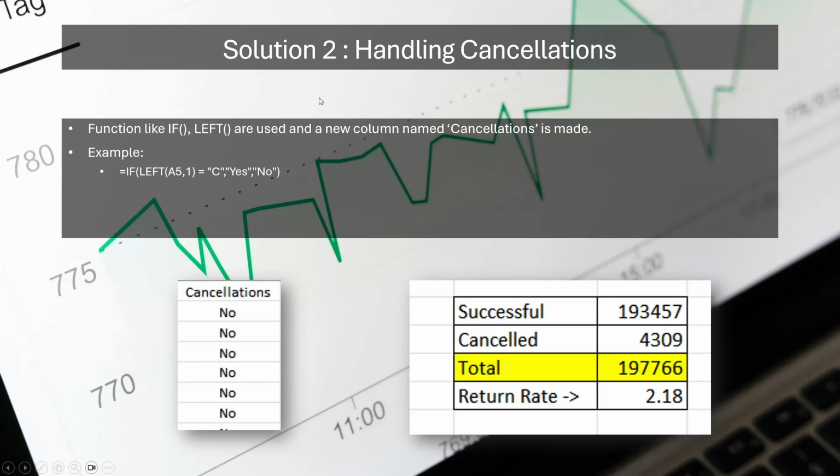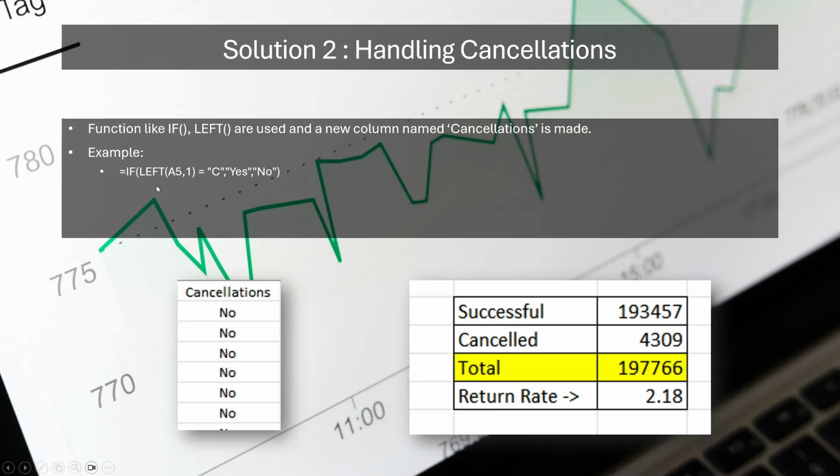For the second question, cancellations were to be tracked. There were some invoice IDs beginning with the letter C. So I used IF and LEFT functions to make a new column named cancellations.